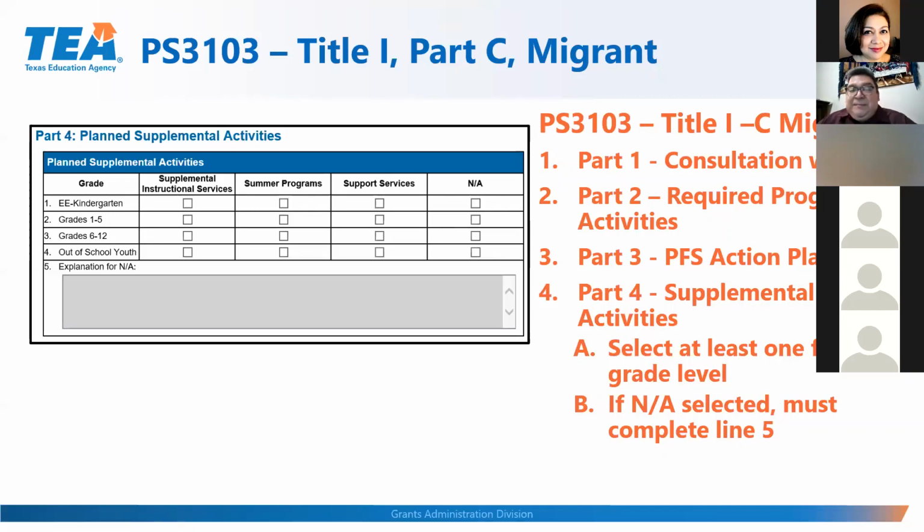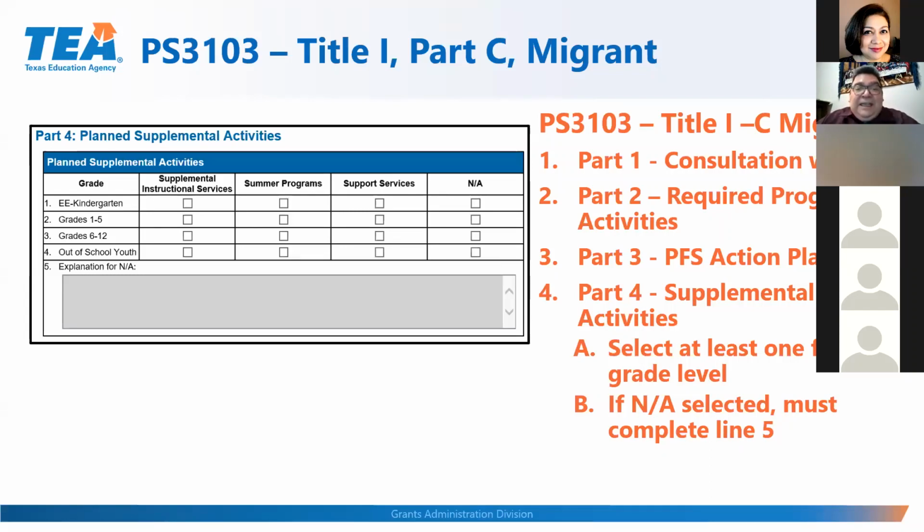Part 2 are just check boxes, and they're all the required PFS action plans, all your required activities. Part 2 and 3, they're just check boxes and all have to be selected in order to complete the schedule. Part 4 is where you have more of a selection of the different types of services that you'll be providing, supplemental activities for the different grade levels.